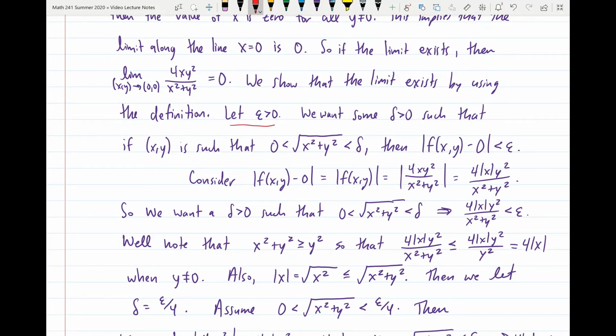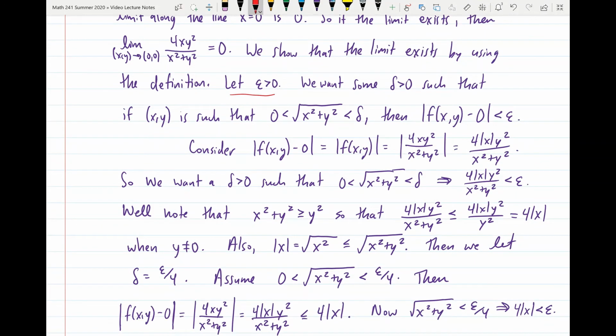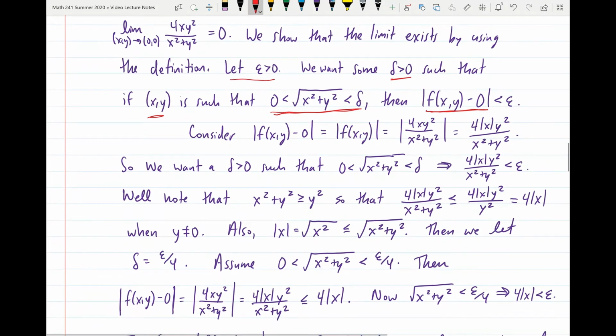And to show the limit exists, we want to find some delta greater than 0 such that if the point (x, y) is such that the square root of x squared plus y squared is between 0 and delta, then it implies that the absolute value of f(x, y) minus 0 is less than epsilon, because remember 0 is going to be the limit point if this limit exists.